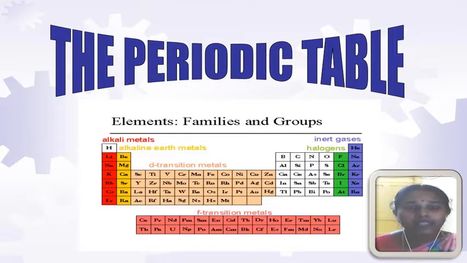There exist more than 118 elements and still we are counting. Do you think that it is feasible to know the properties of these elements?